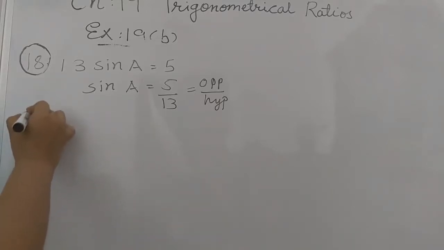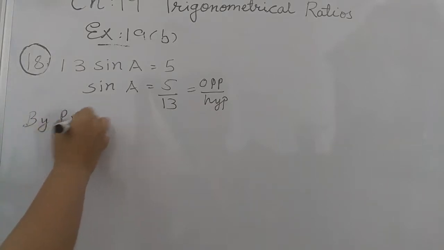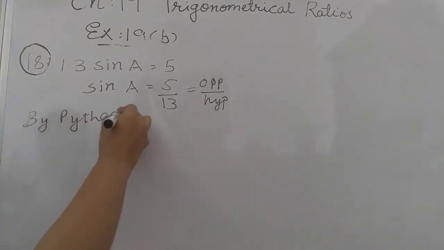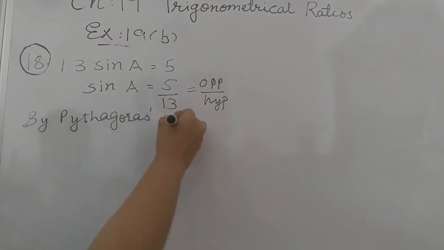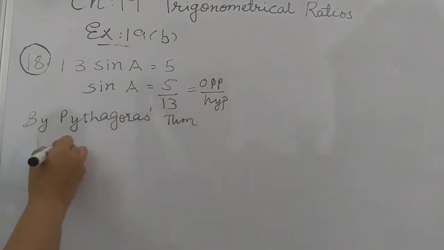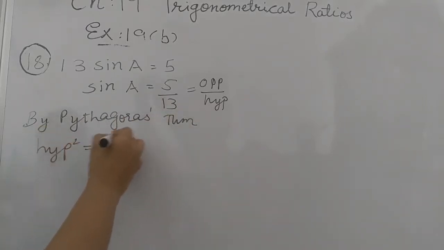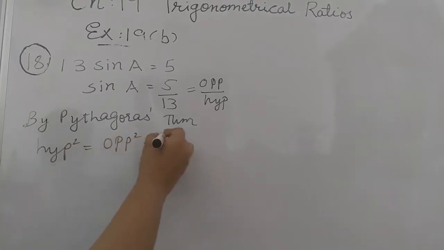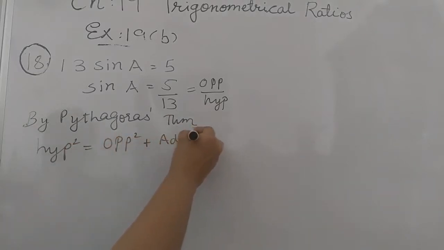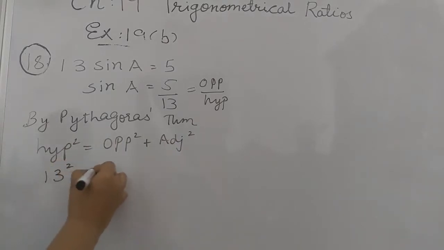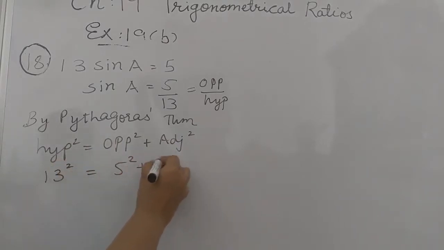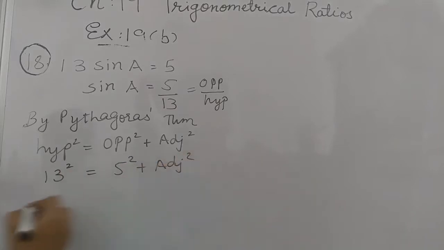So I write by Pythagoras theorem, here hypotenuse square is equal to opposite side square plus adjacent side square. And substituting values here, 13 square is equal to 5 square plus adjacent side square.